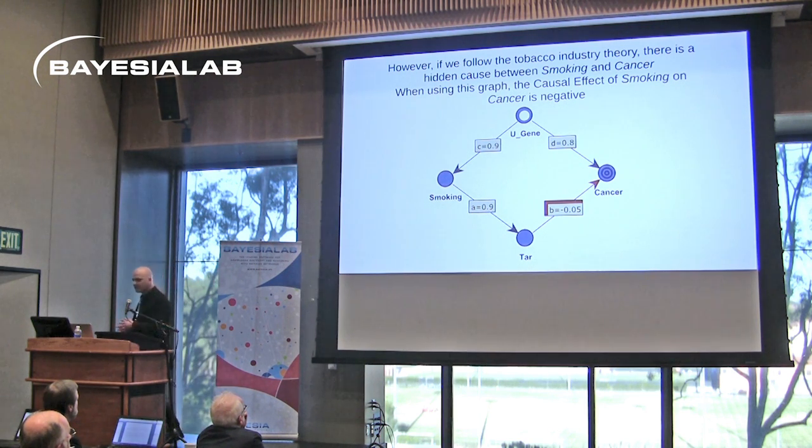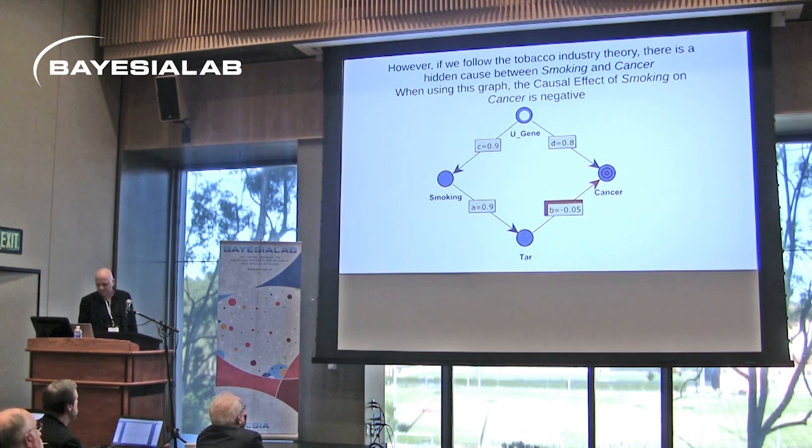And for this, you have to use a nice formula coming from UDA, or if you want, you can also use BayesiaLab. It's easier. So we have this information, the positive relation between smoking and tar, negative relation between tar and cancer. And we have here, this is a true effect.